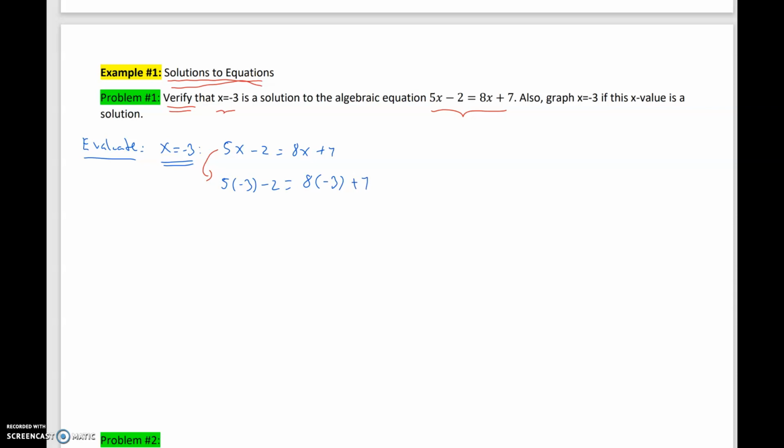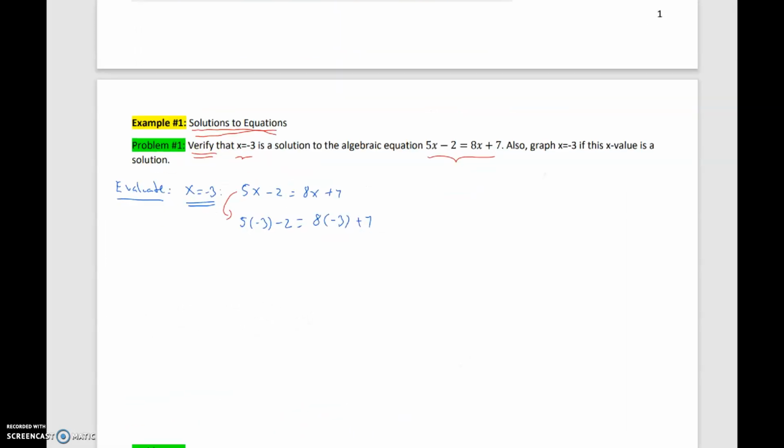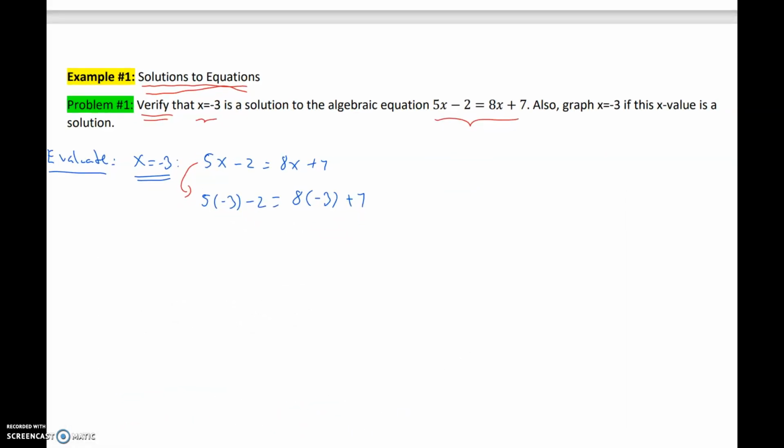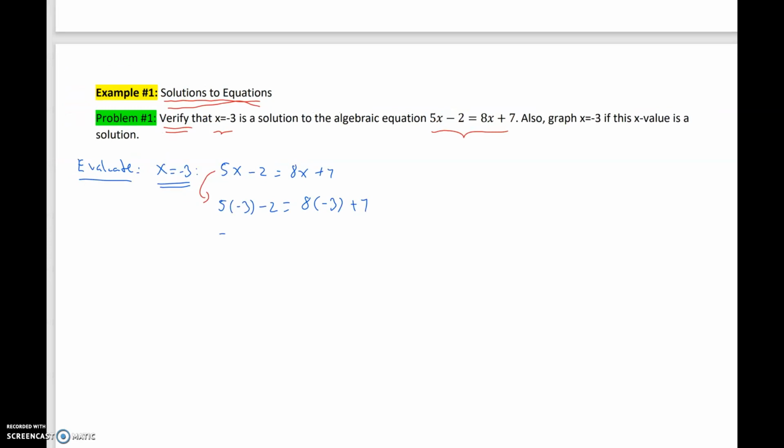So on the left hand side, we're going to end up with the values of -15 minus 2. And this is equal to -24 plus 7. And on the left hand side, we end up with -17 is equal to, and on the right hand side, we also end up with -17.